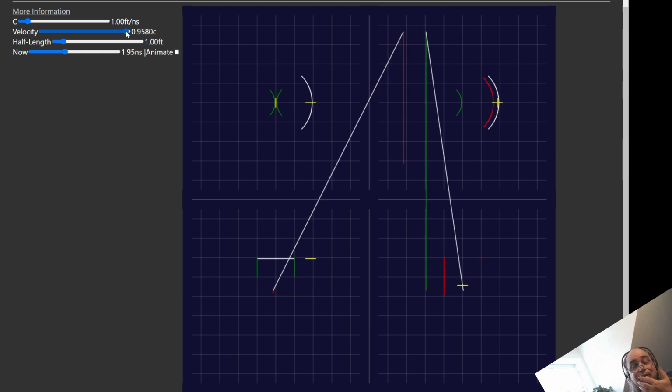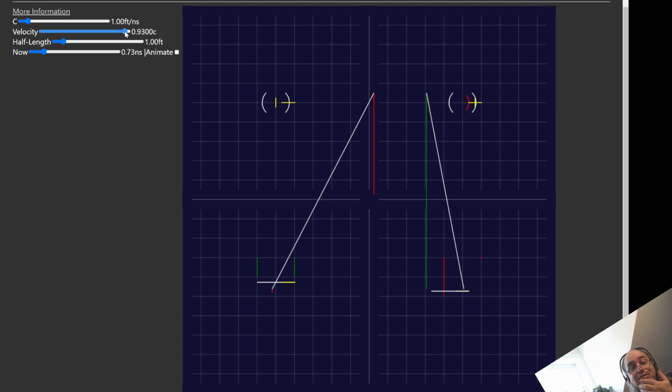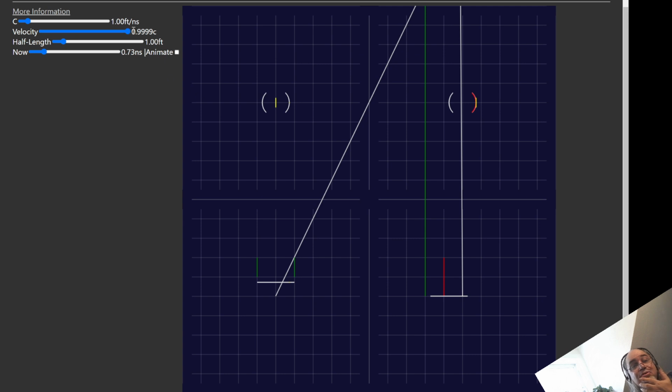If I go really, really fast, this ground observer is still just 2 seconds away, while this observer is much further away, because it takes longer and longer to get to the front of that ship, even though the ship is contracting.